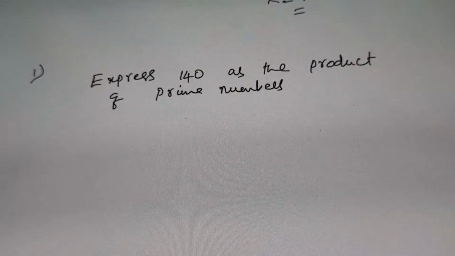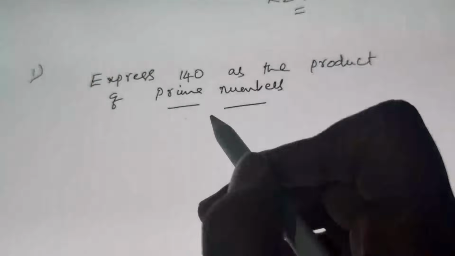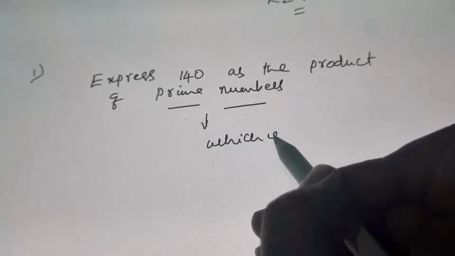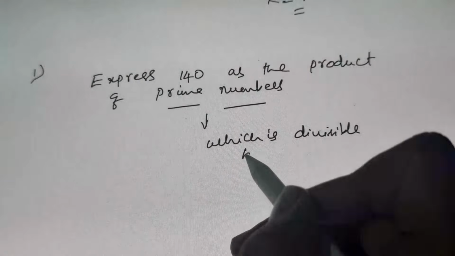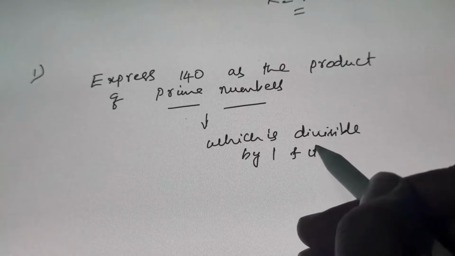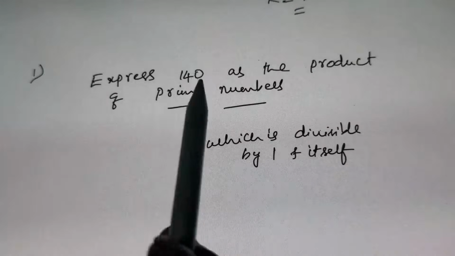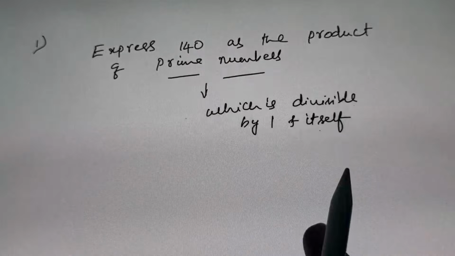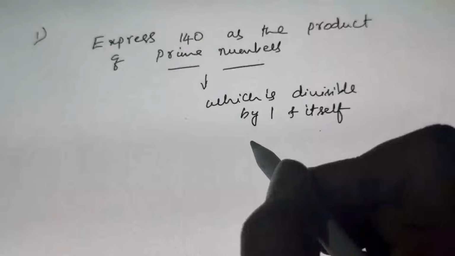So we should know what we mean by a prime number. Prime number is a number which is divisible by 1 and itself. So you have to express 140 as a product of prime numbers.